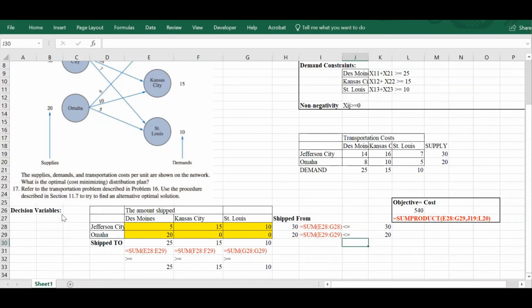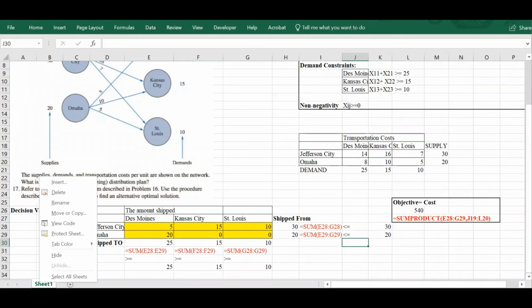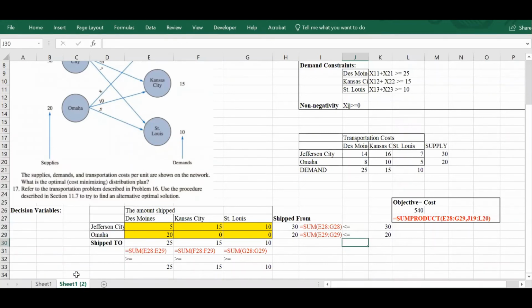So move or copy, create a copy, move it to the end. Okay. And I'm going to call this one question 17, and this one question 16.